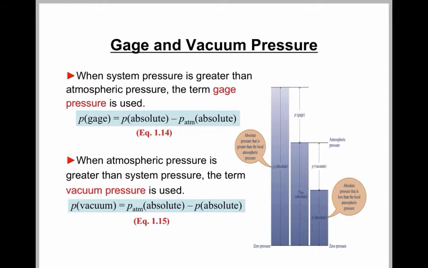Most frequently, it is relative to atmospheric pressure. When we are dealing with pressures that are greater than atmospheric pressure, we frequently address this as a gauge pressure. However, when we are dealing with pressures that are less than atmospheric, we are then dealing with a vacuum.